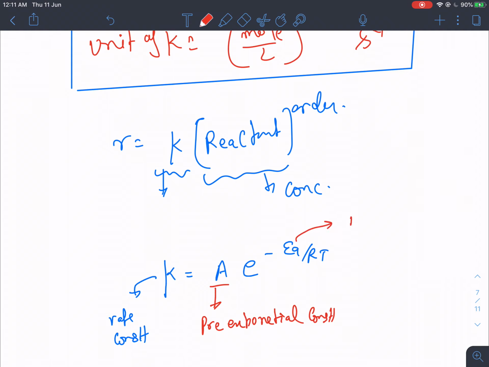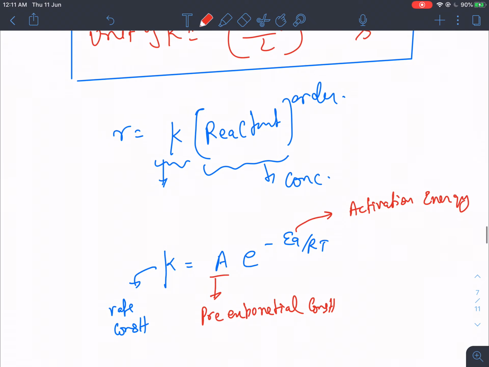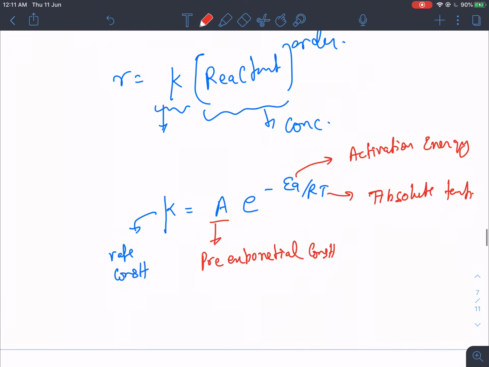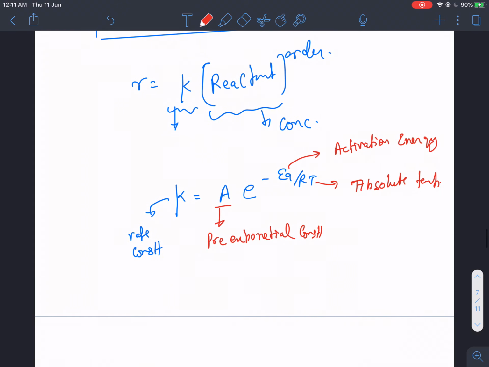This EA is activation energy. This is temperature in Kelvin, or you can say absolute temperature. And this is the irrational number e, whose value is close to 2.7. So this particular equation of K is known as the Arrhenius equation.